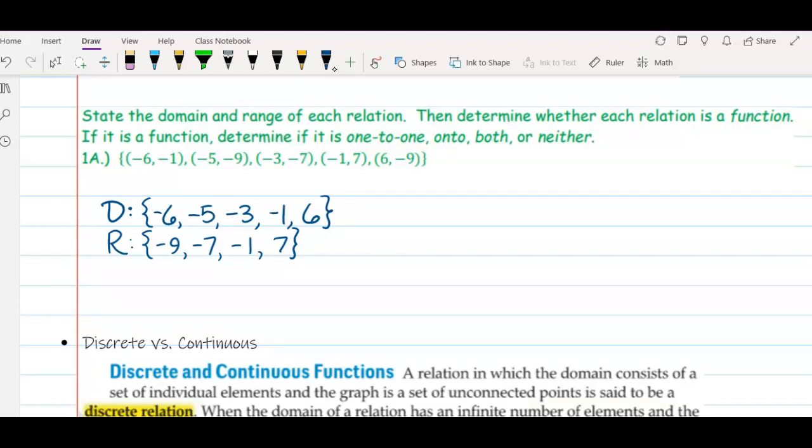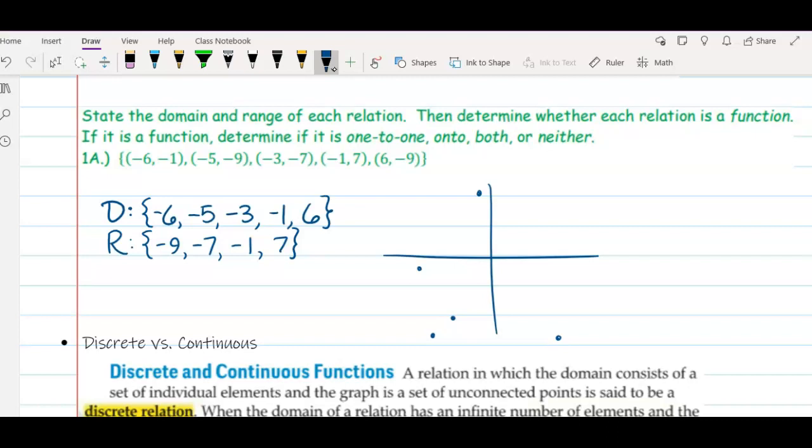Now let's take a look at this and try to decide if this function is one-to-one, onto, both, or neither. And again, I think it's very helpful to try to give it a rough sketch and see what happens. So -6, -1, -5, -9, -3, -7, -1, 7, 6, -9. Well, it looks like it's going to pass the vertical line test just fine.